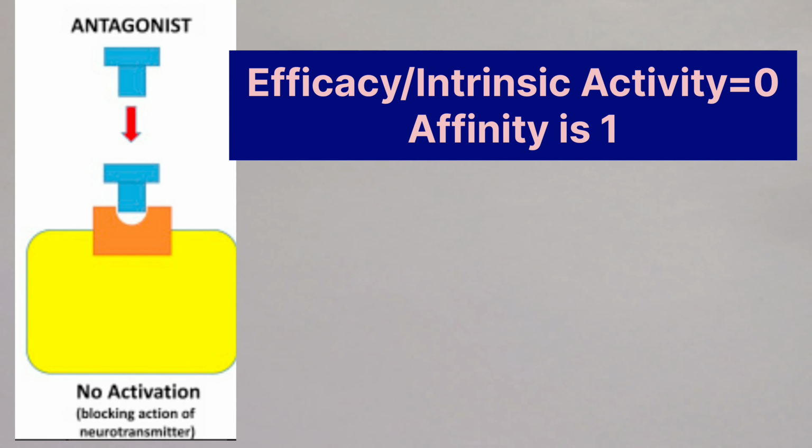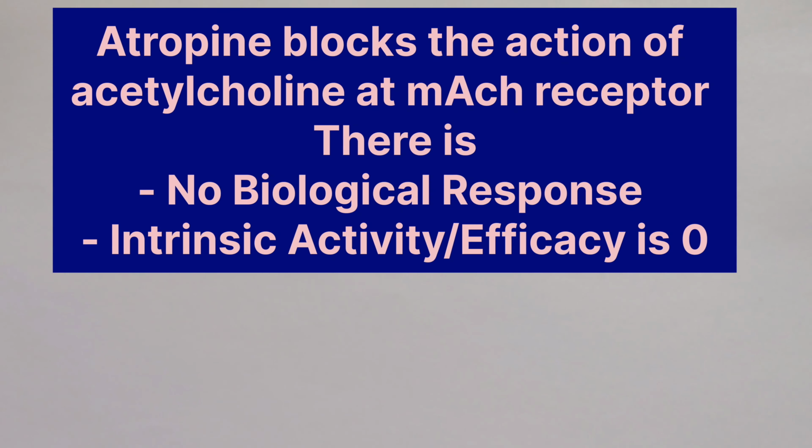Intrinsic activity and efficacy is 0 and affinity is +1. An example of an antagonist is atropine, which blocks the action of acetylcholine in the muscarinic acetylcholine receptor. Here atropine is an antagonist and has 0 intrinsic activity, or the efficacy is 0.